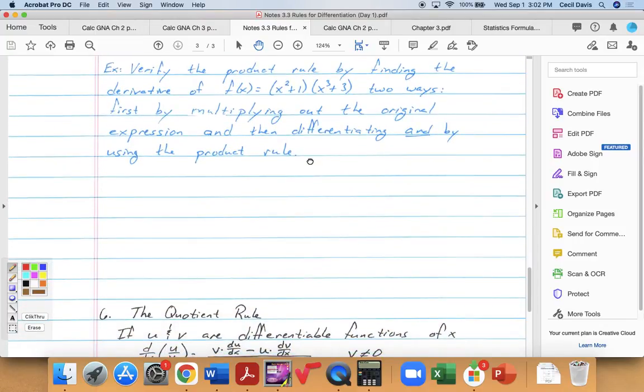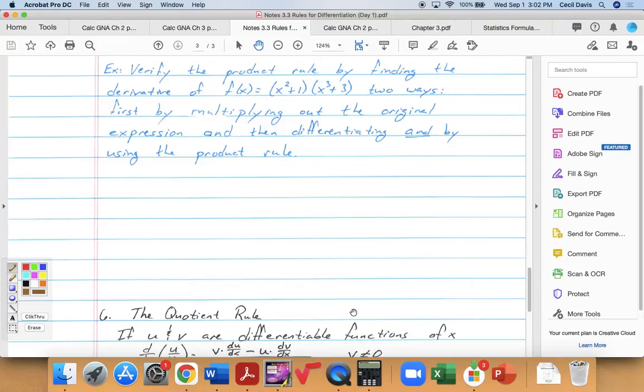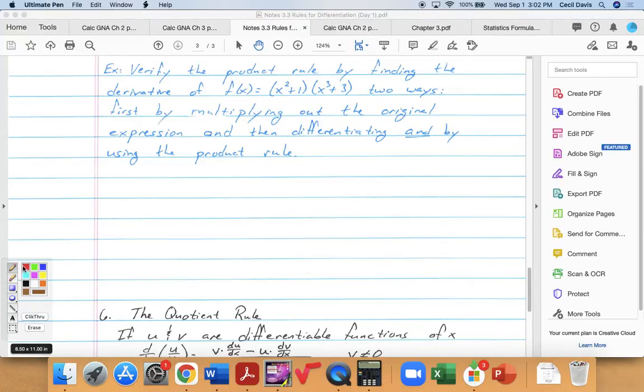All right, so let's verify the product rule by finding the derivative of this thing two different ways. First, by multiplying out the expression and then differentiating, and then by using the product rule. So if we're multiplying this out, f of x is going to be equal to x to the fifth plus x cubed plus 3x squared plus 3.